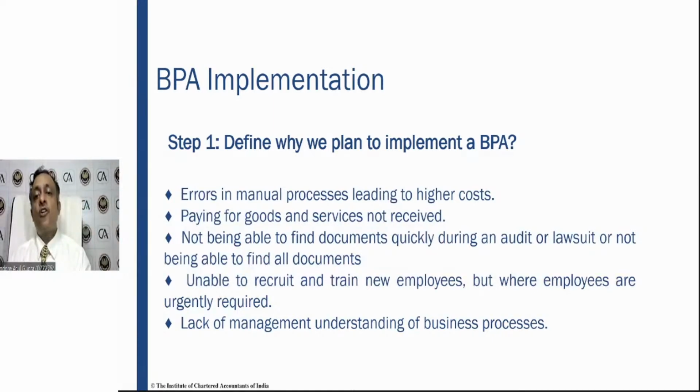Not being able to find documents quickly during audit or lawsuit, not being able to find all documents. In fact, why do people go for automation? This is targeting automation of your books, automation of your documents. Chartered accountants, few of you may be going for articleship, few are going to go after you clear your examination. Once you go for articleship in any CA firm, the core of a CA firm is documentation.